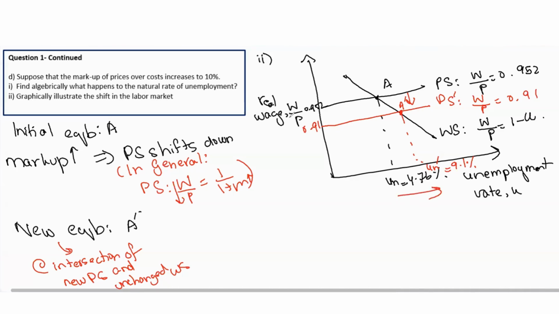So we can see there's an increase in the natural rate of unemployment, as we found algebraically, and a decrease in the equilibrium real wage. So we have graphically also shown that we initially started at A, then the markup increases, the price setting curve shifts down, and the new equilibrium is at the intersection of the new price setting curve and the unchanged wage setting curve. As a result, the natural rate of unemployment increases from 4.76%.